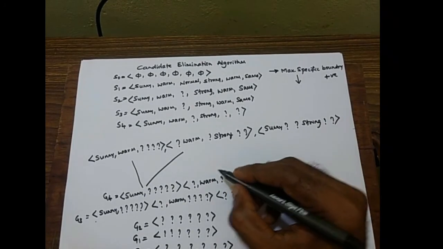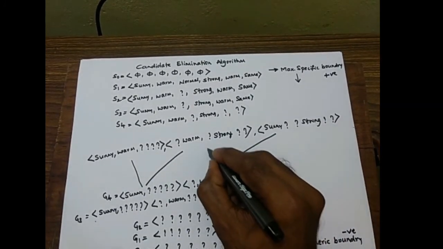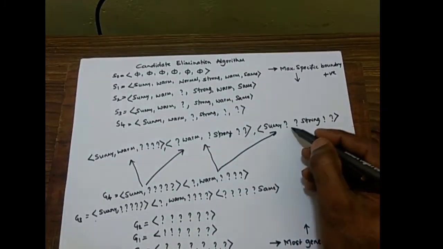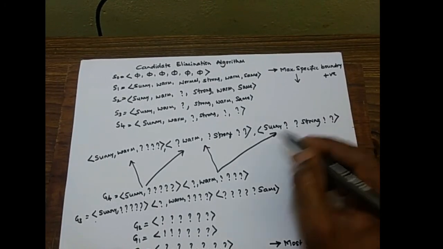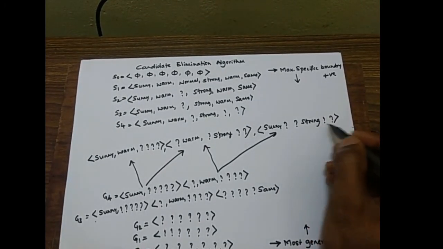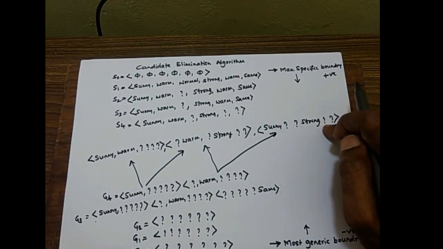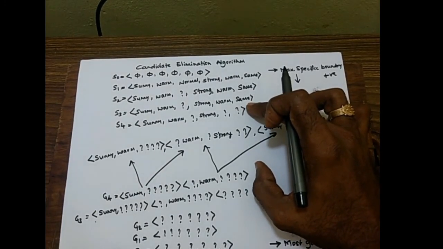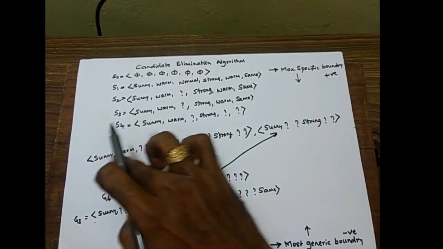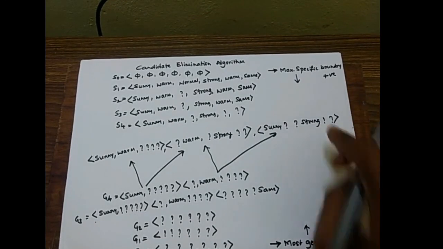That is taken from here. So this will satisfy both. Again Sunny is there, question mark means any value. Then if you see, 4 question marks are there. In short, you need to have the hypothesis set here. Between these two hypothesis sets, all the combinations, all the possibilities you can take, that will be your final answer.